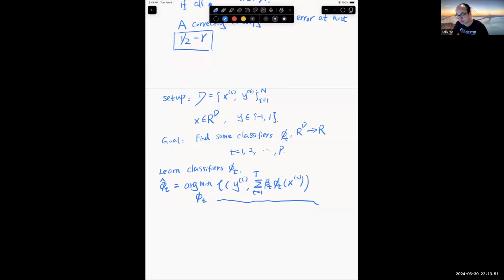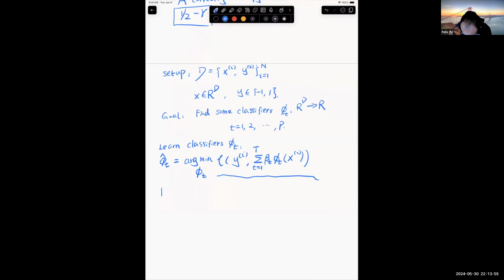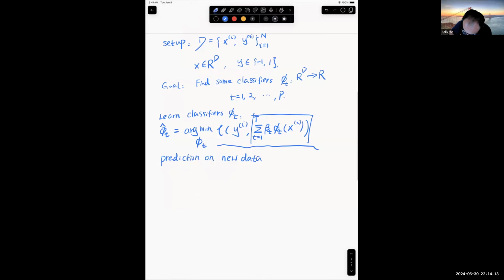Once we can find such classifiers, then we can make predictions based on them. This is my new strong classifier and strong learner. I want to remind you, this is still a map from R^d to a real number r.